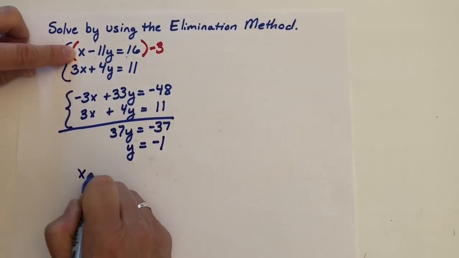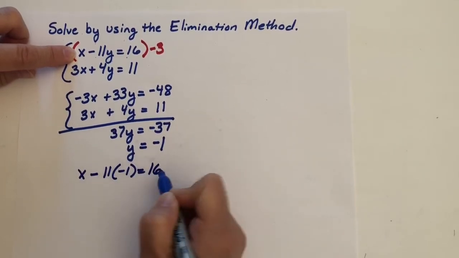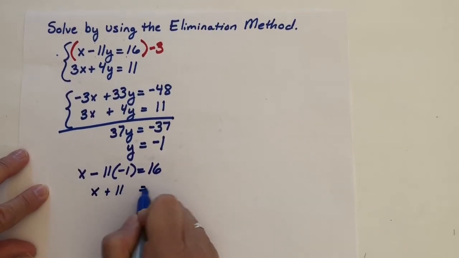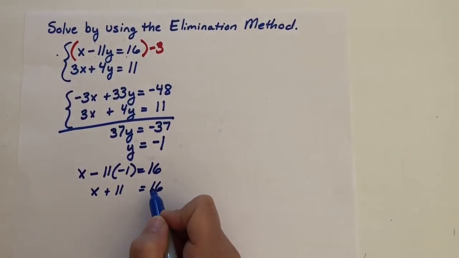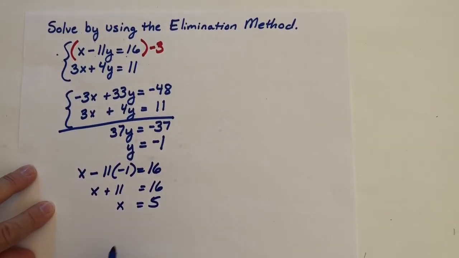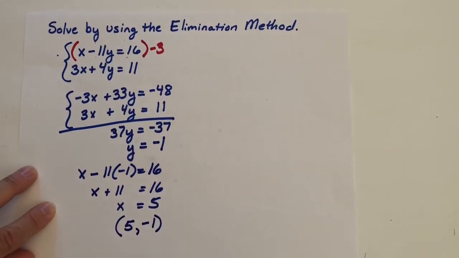So I have x minus 11 times -1 equals 16. So that's x plus 11 equals 16, or x equals 5. So our solution, make sure you're careful about the order in which you write the ordered pair. Our solution is 5, -1.